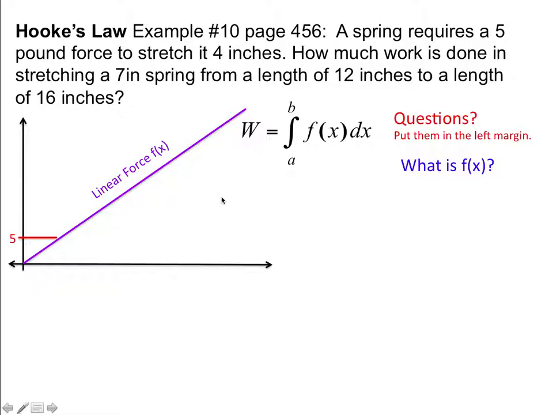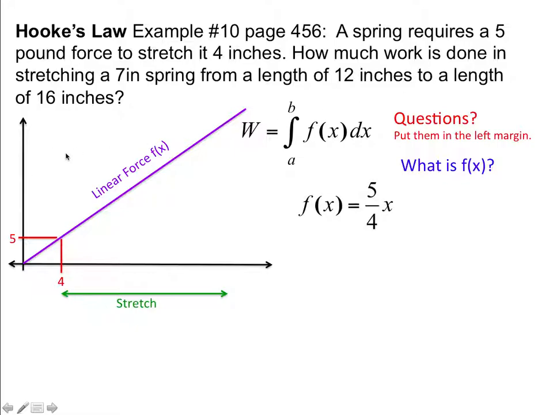the relationship K times X. So if we look at what we have here, we have a 5-pound force, so this is representing 5 pounds of force, and that stretches the spring out 4 inches. And so now we also know that we want to stretch a spring from a length of 12 to a length of 16 inches.